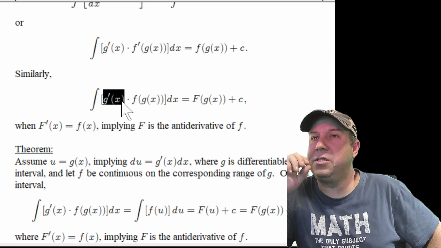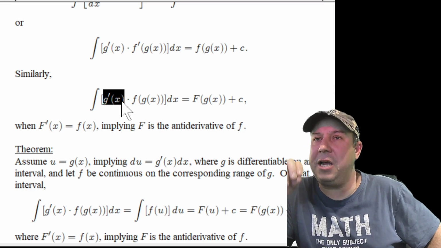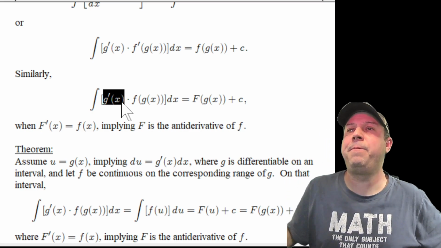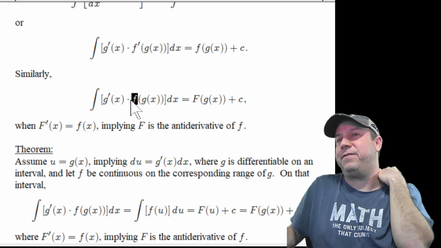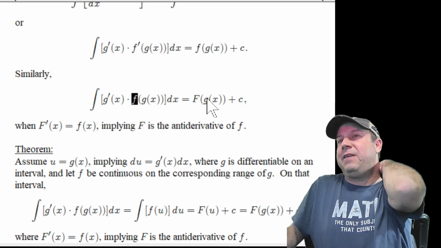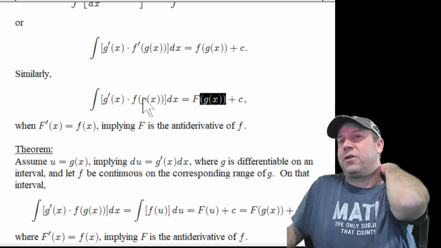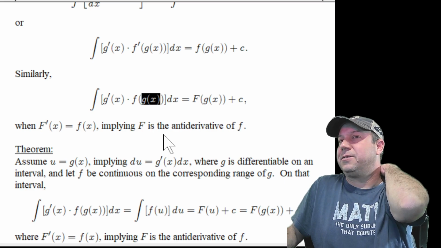This would be the result that would be produced from a chain rule for the differentiation for what would be the antiderivative of our function little f in this composition, evaluated at its interior function of little g of x.